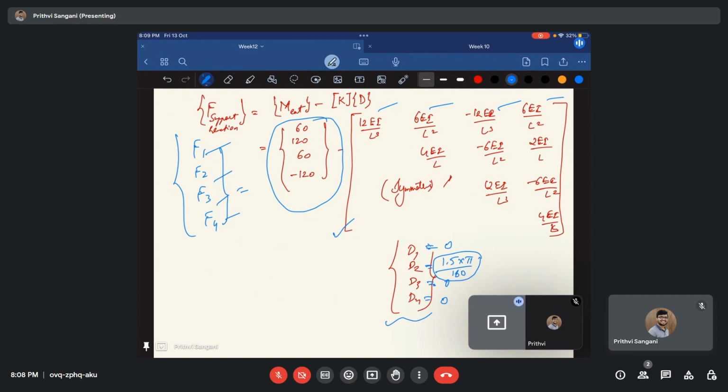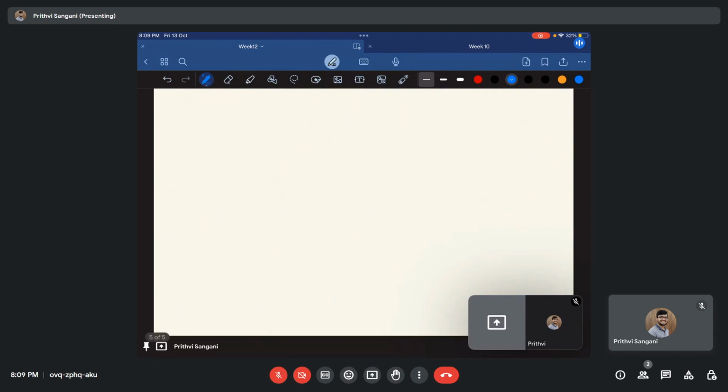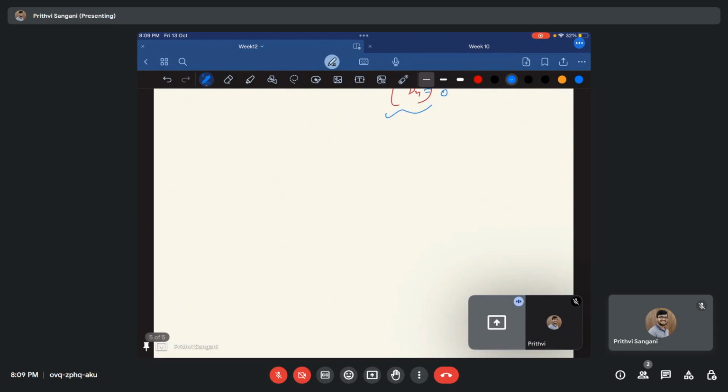So we'll solve one exceptional case for a frame member in which I am not considering any axial deformations. If I'm not considering axial deformations, what is my stiffness matrix going to look like? I'll solve that question, and then we can stop for the session.